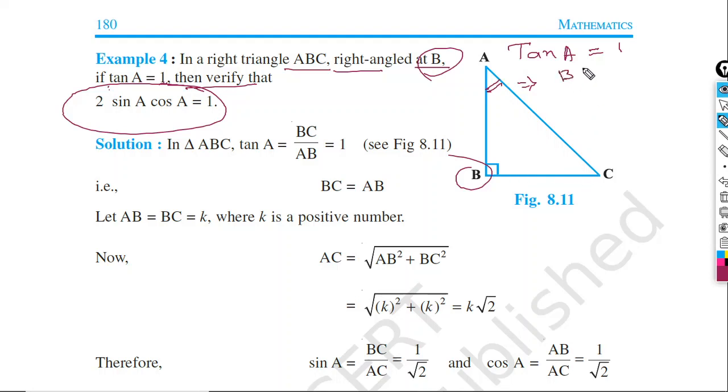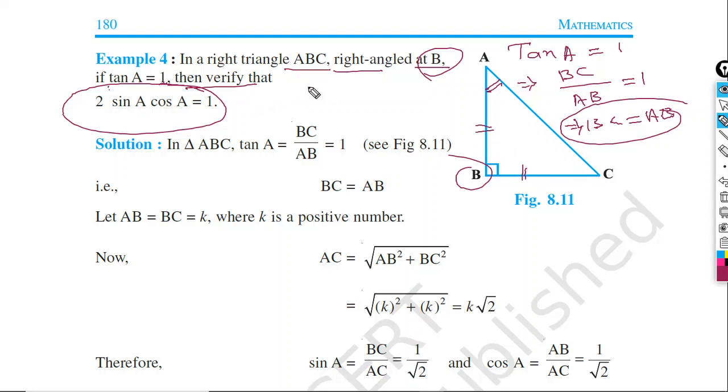That means you can write BC by the side adjacent to it, AB. You remember the ratios. So BC by AB is equal to 1, implies BC is equal to AB. So what we found? BC and AB, these two sides are the same.